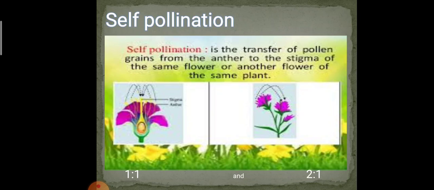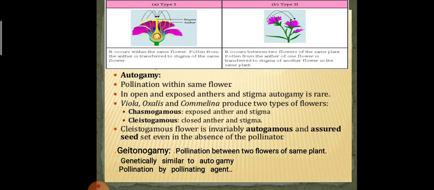In the second, 2:1, transfer of pollen grain from anther to stigma of a different flower but of the same plant. Here there are two types of pollination: the first is autogamy and the second is geitonogamy.